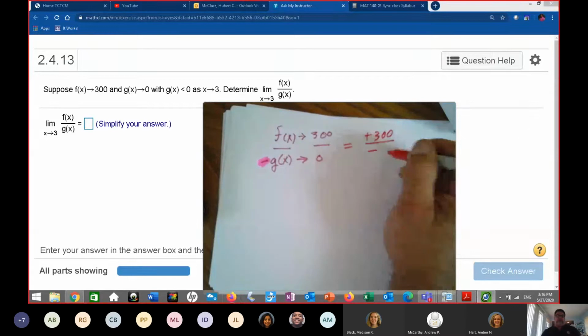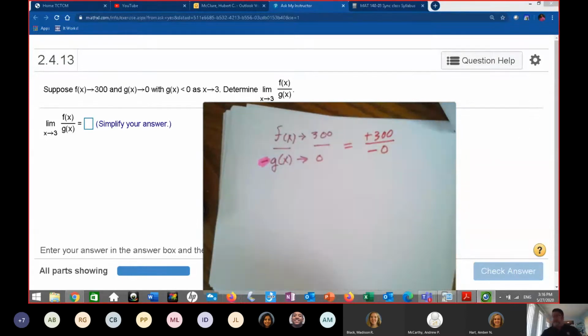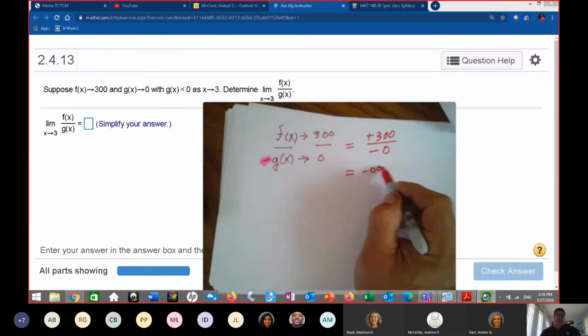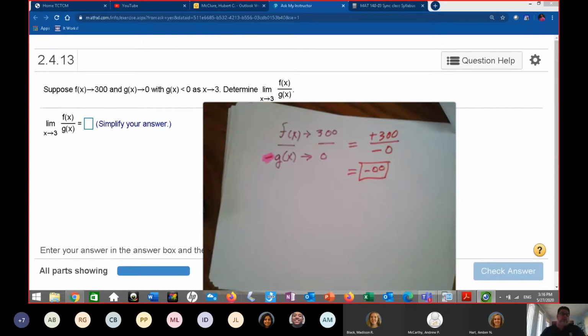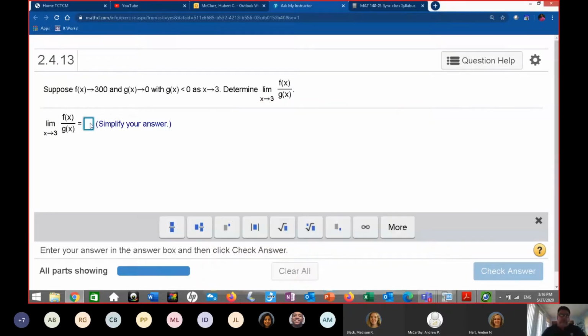And that's going to give you basically a positive over a negative. Plug in infinity, you're going to get negative infinity. So that should be your answer. Negative infinity.